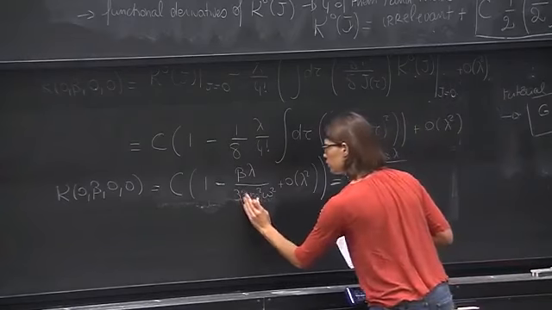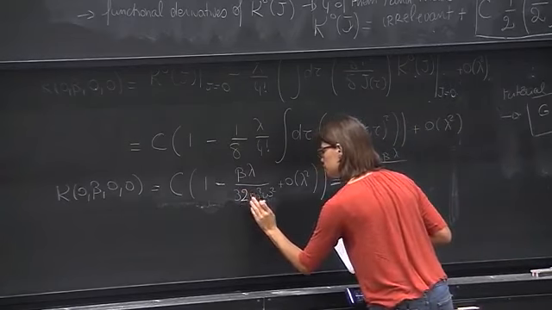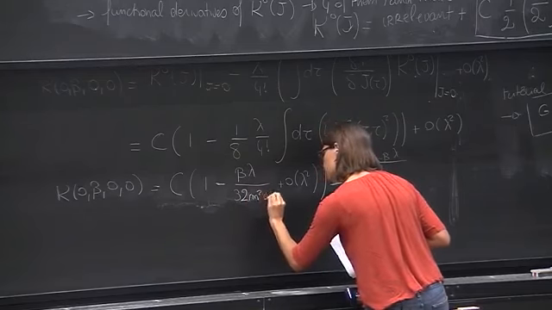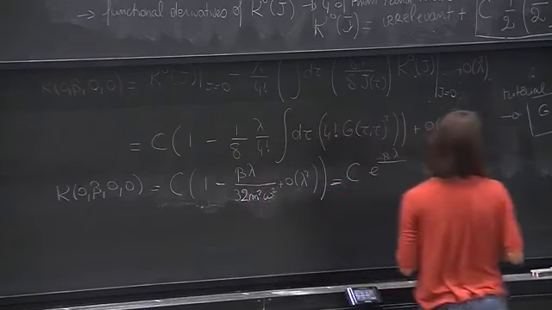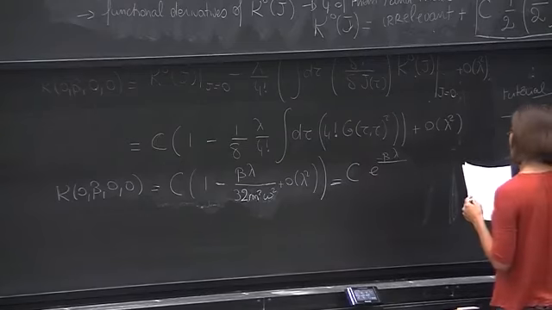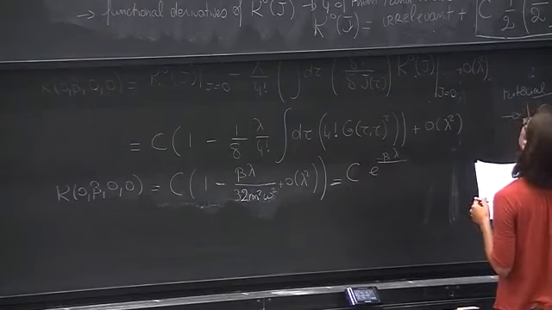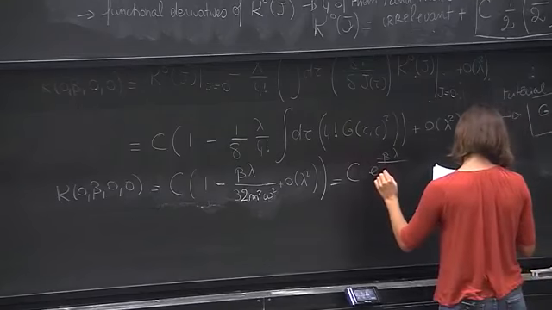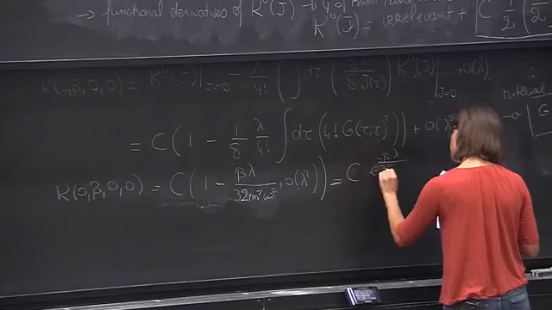So this is 32. Maybe it's small. So it's m squared omega squared. Okay, so what do we get? 32.